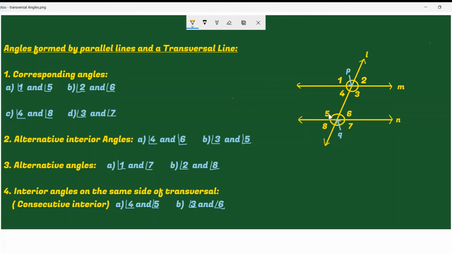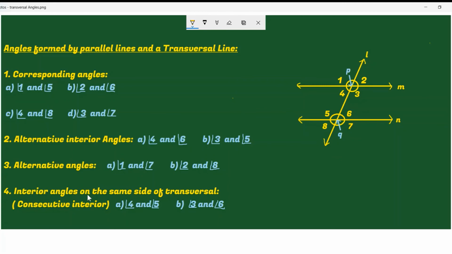So these are the 2 pairs of alternate interior angles. Next is alternate exterior angles. Angle 1 is alternate to angle 7 and angle 2 is alternate to angle 8. So there are 2 pairs of alternate exterior angles: angle 1 and 7, angle 2 and 8.